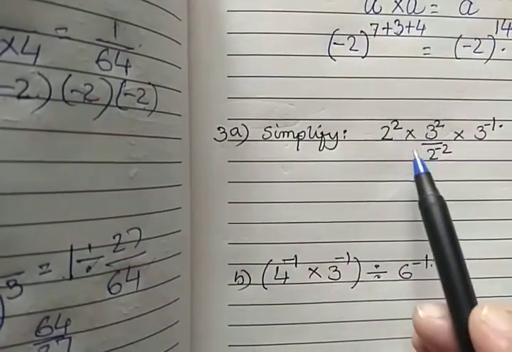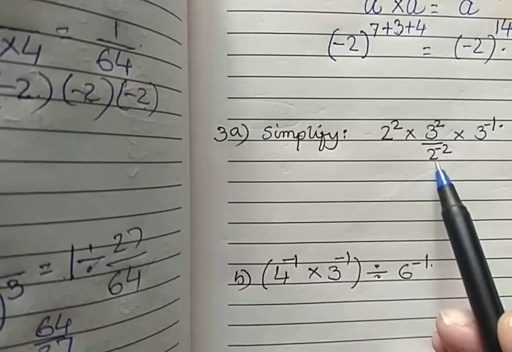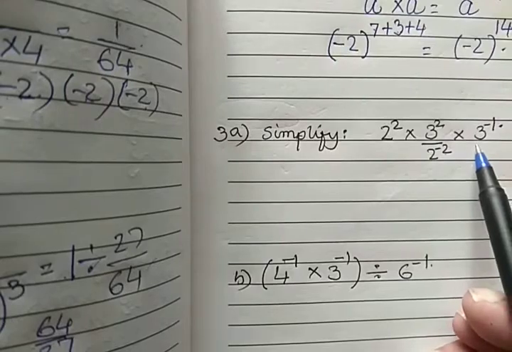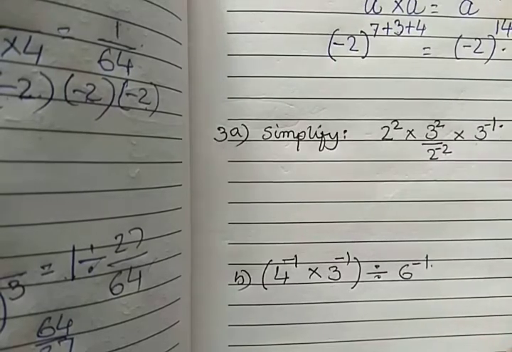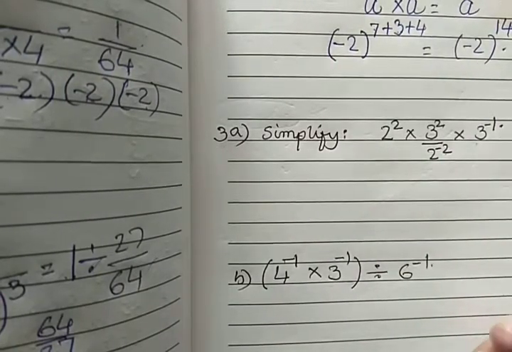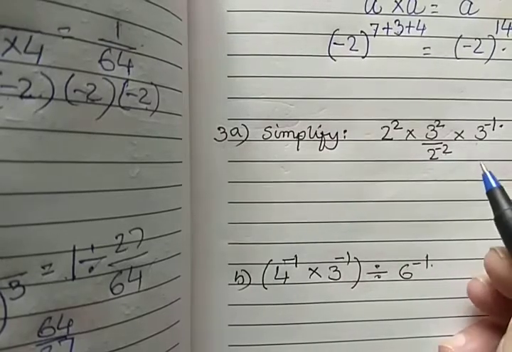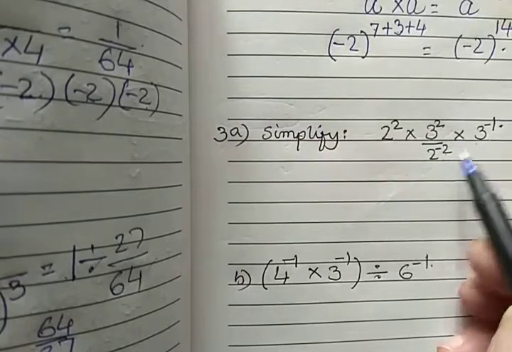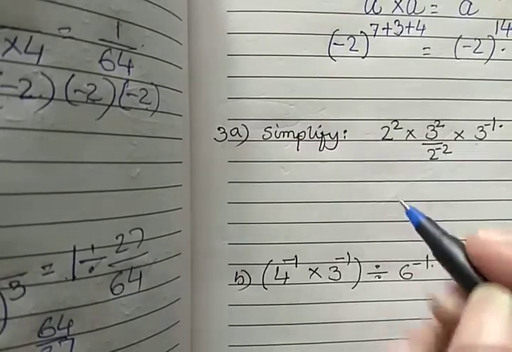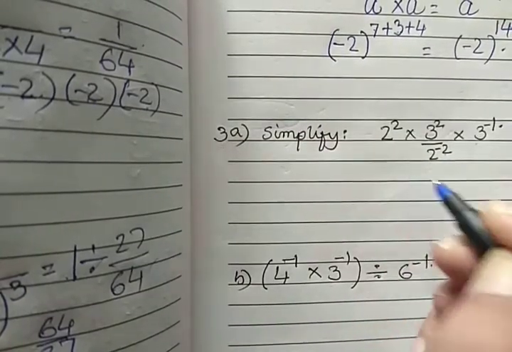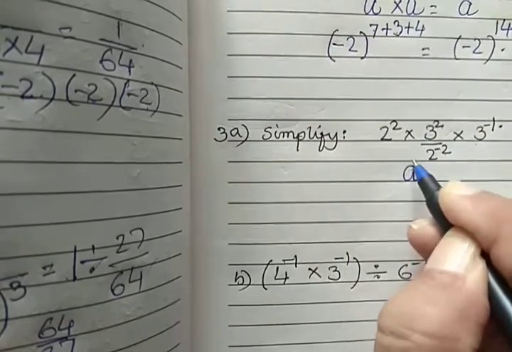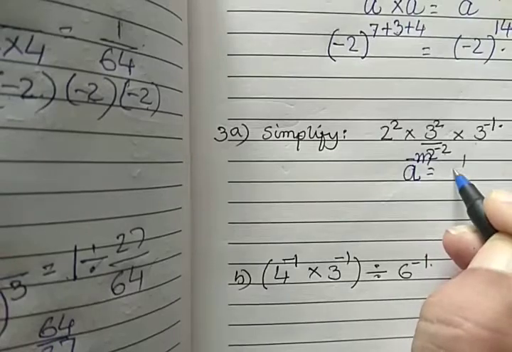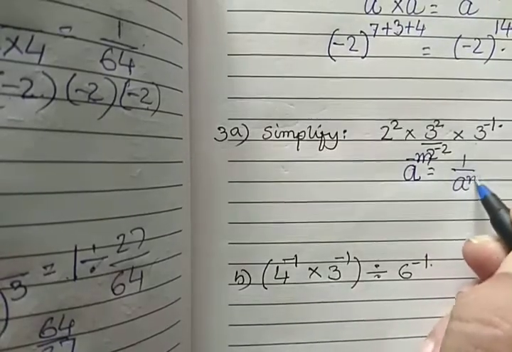2 square into 3 square by 2 to the power of minus 2 into 3 to the power of minus 1. Clear? So what you have, first of all, let us try to remove this minus sign from the exponent. You have one law. What is that? a to the power of minus m is equal to 1 by a to the power of m.